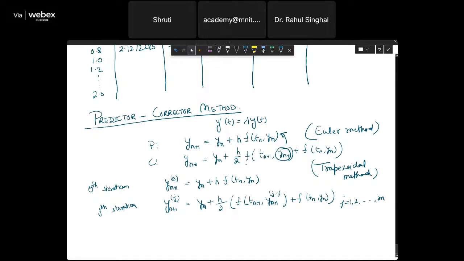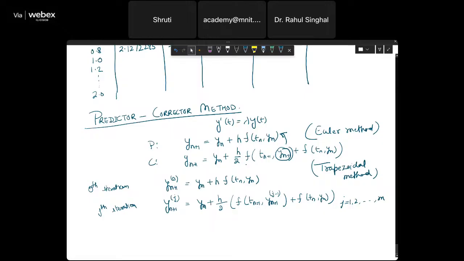It will converge, because here also we can discuss the local truncation error, and the basic idea remains the same.